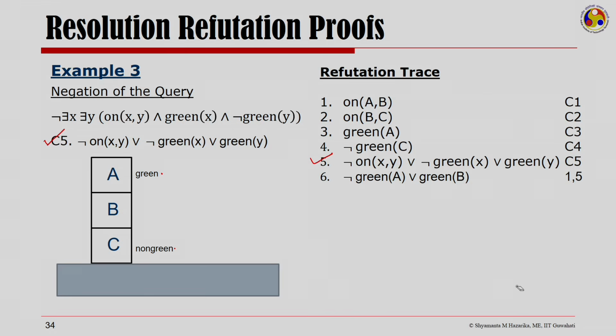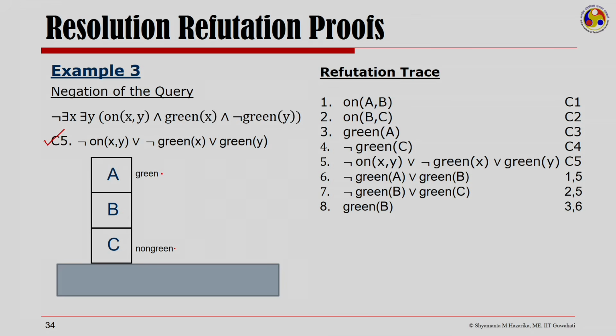Now from 1 and 5 I could derive that X can be replaced by A and Y could be replaced by B to give me not green A or green B, and from 2 and 5 I could derive a statement not green B or green C. For when I am doing 2 and 5, I would replace X by B and Y by C. So I could have this statement.